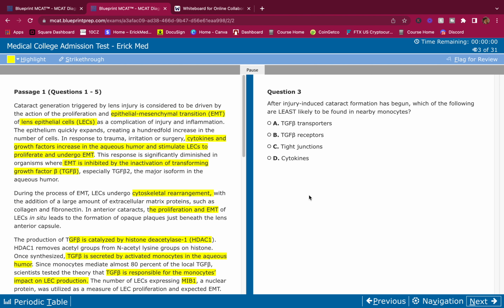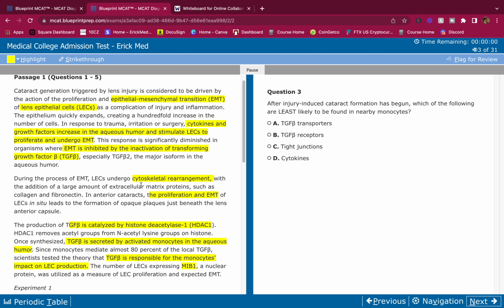That's content review. After injury-induced cataract formation has begun, which of the following are least likely to be found in nearby monocytes? They told us in the passage that after we have injury, we're going to have that proliferation, and that's going to form the cataract.